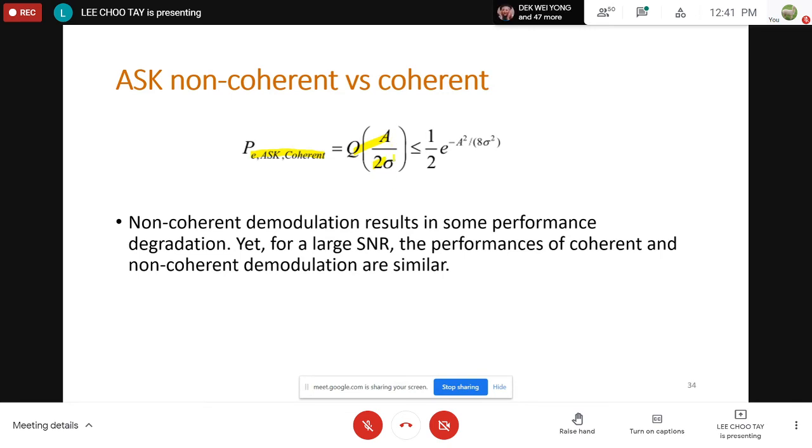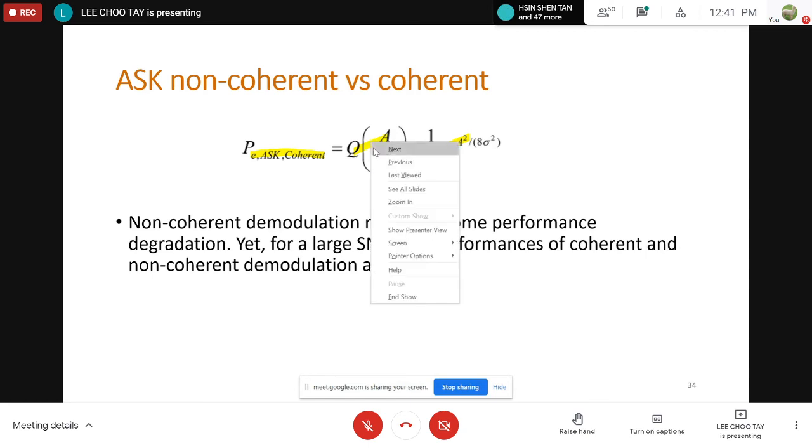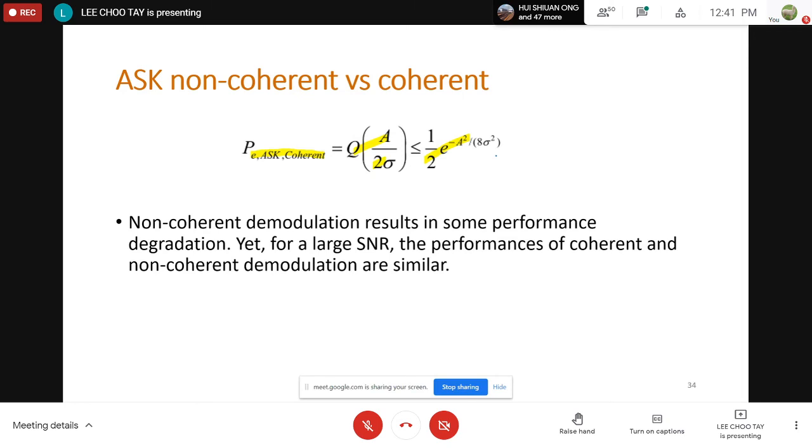With the same A over sigma value, the Q function gives a smaller number compared to this equation. This one is for coherent detection, and this one is for non-coherent detection.